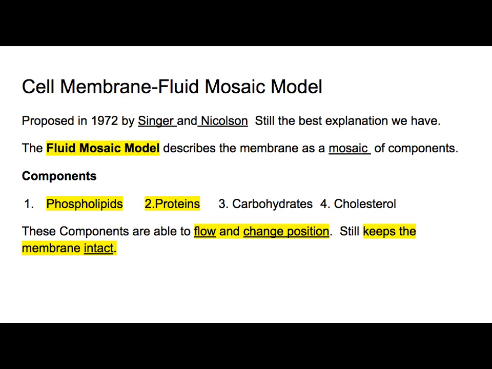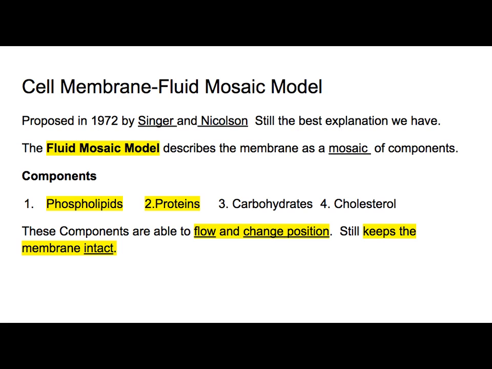So there's 4 components that make up the cell membrane. These first 2 are the ones that I would expect if I ask you to draw and label the cell membrane, you would be putting these in. Carbohydrate, cholesterol. Do I think that you should know what they do? Yes.